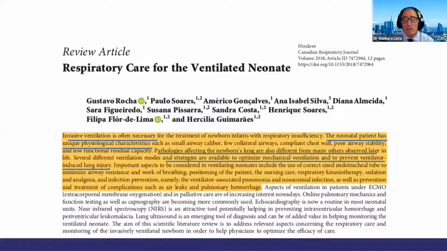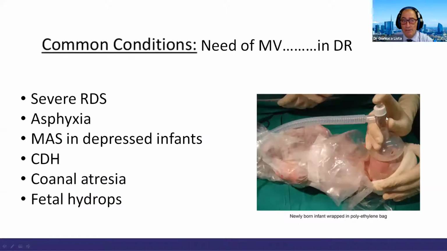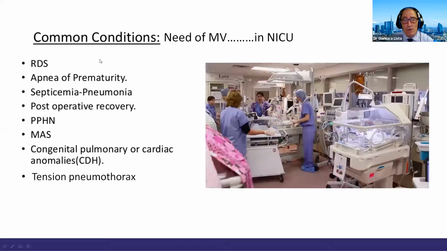So we are trying to select some strategies in order to optimize mechanical ventilation to try to prevent ventilator-induced lung injury. These are the common conditions in which mechanical ventilation is needed in the delivery room. And these are the common conditions in which mechanical ventilation is needed in the neonatal intensive care unit.